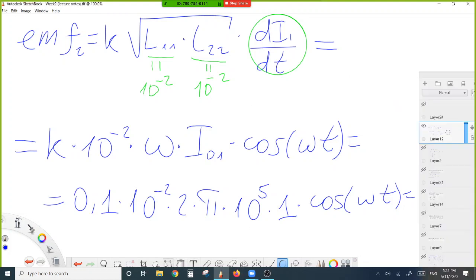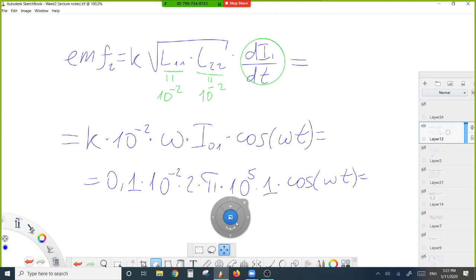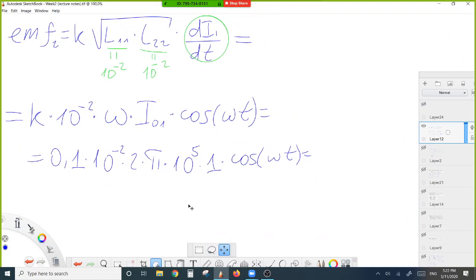And if we compute the numeric value of electric motive force 2, we get 10 to the minus 1, 10 to the minus 2, 10 to the minus 3, plus 10 to the minus 5, 10 to the 2.